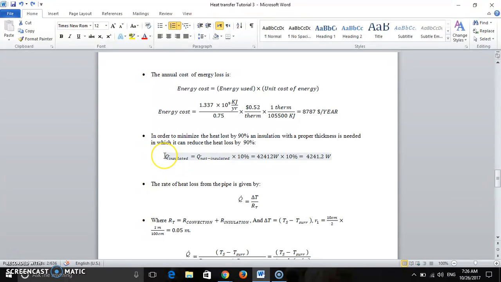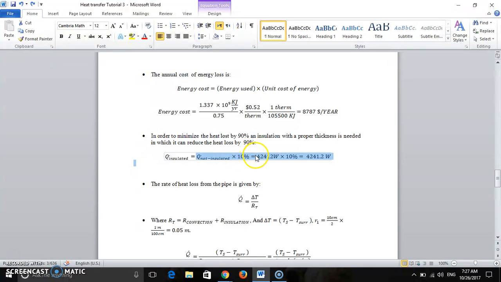The heat transfer rate after insulation is equal to the heat transfer rate before insulation multiplied by 10%, because we save 90% of the heat loss before we present any insulation.